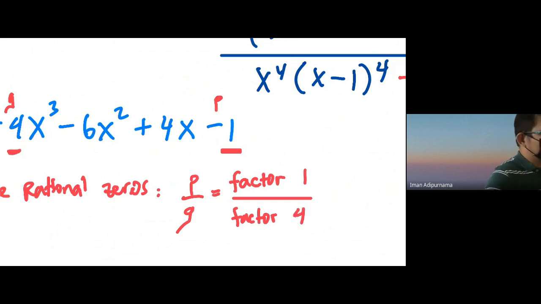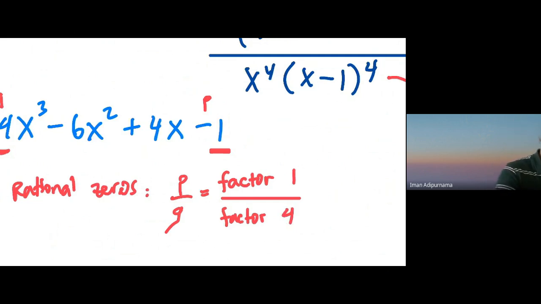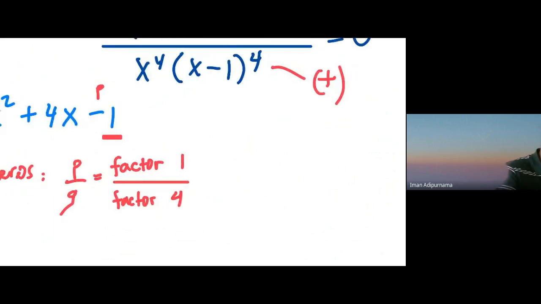What is a factor? A factor is, for example, a factor of 8. Factors of 8 are plus minus 1, plus minus 2, plus minus 4, and plus minus 8. So any number that when you multiply these two, 1 with 8 becomes 8, or negative 1 and negative 8 become 8. 2 and 4 become 8, negative 2, negative 4 become 8.